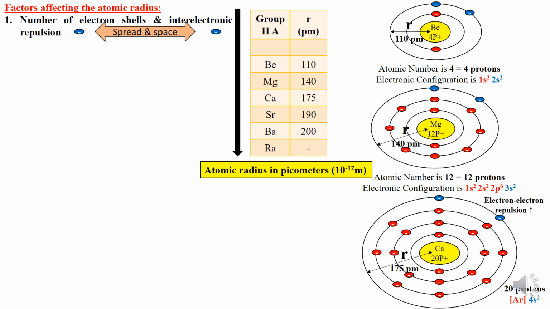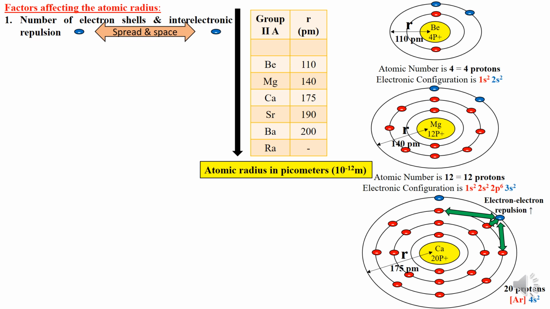As a result of increase in the number of shells, the number of electrons also increases. As the number of electrons increases, it leads to electron crowding and finally there is interelectronic repulsion. Now, like charges repel and negatively charged electrons are no exception.